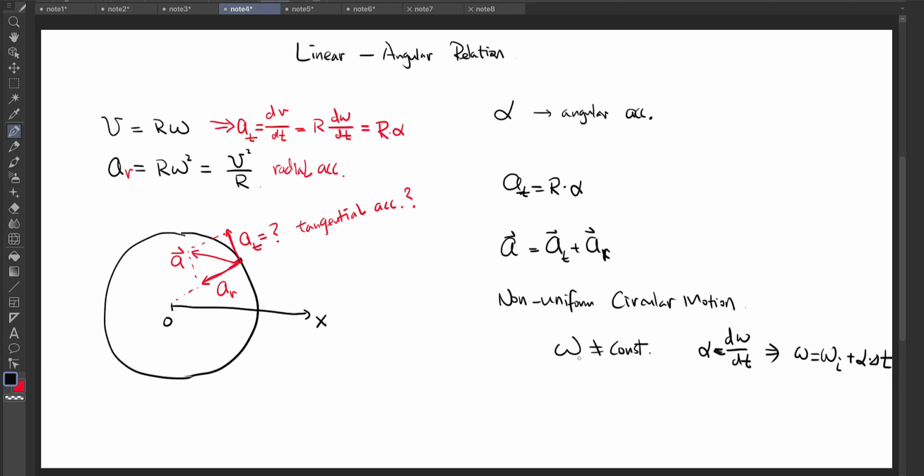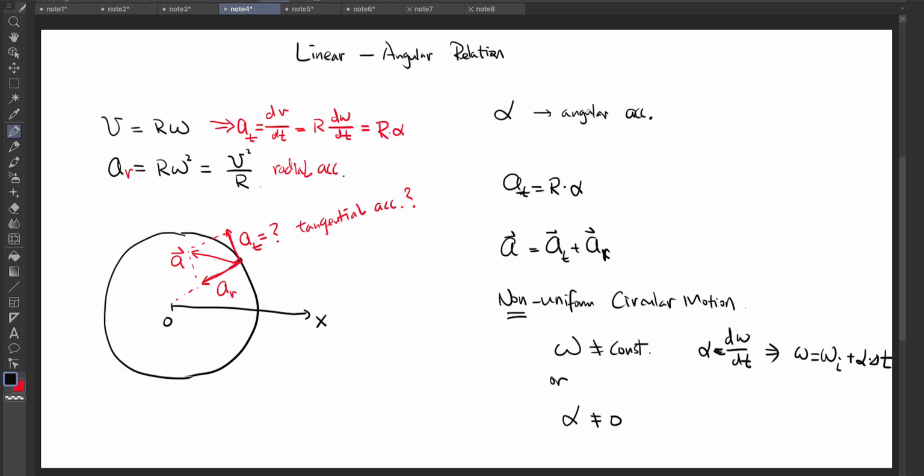Omega is not a constant anymore. That's why it's called a non-uniform circular motion. Another definition of non-uniform circular motion that's equivalent to a non-constant omega is alpha not equal to zero. If the angular acceleration is non-zero, then it's a non-uniform circular motion.